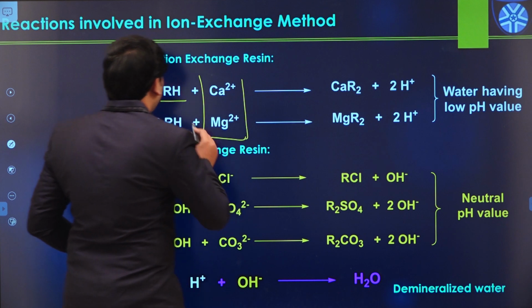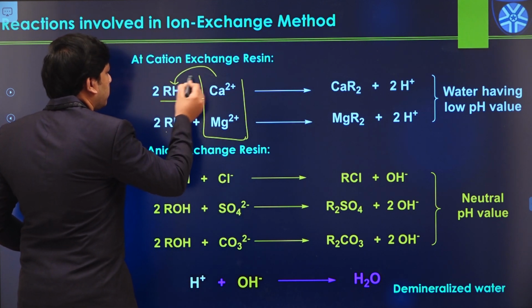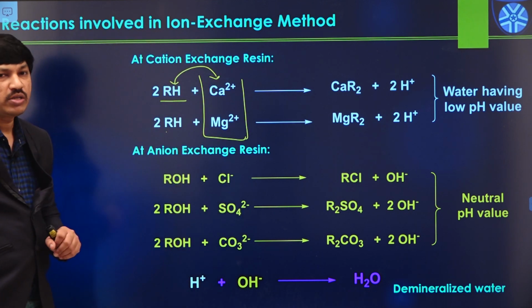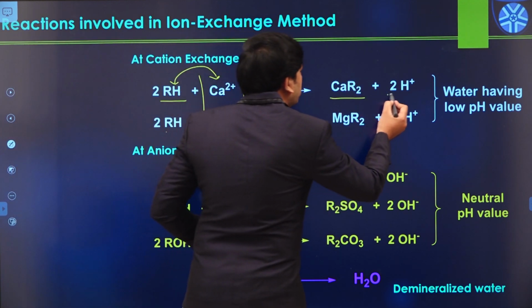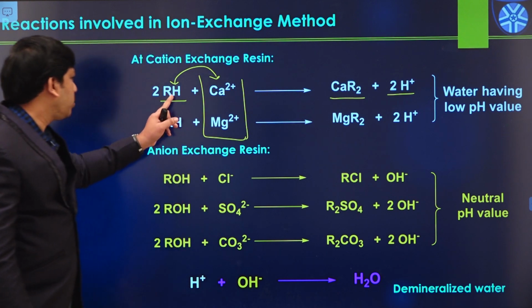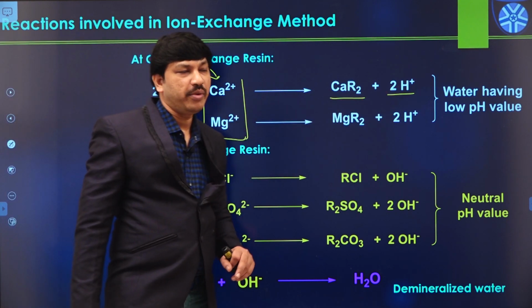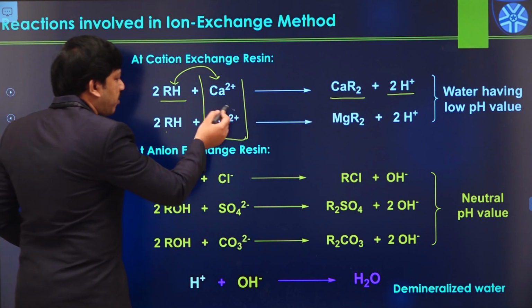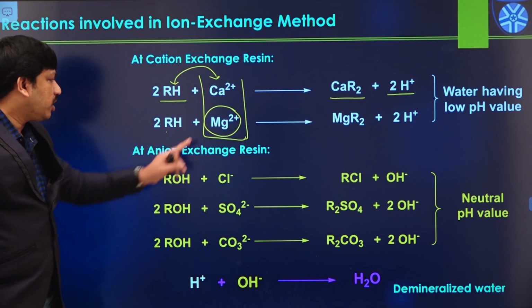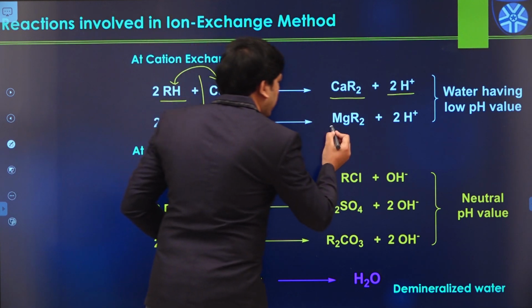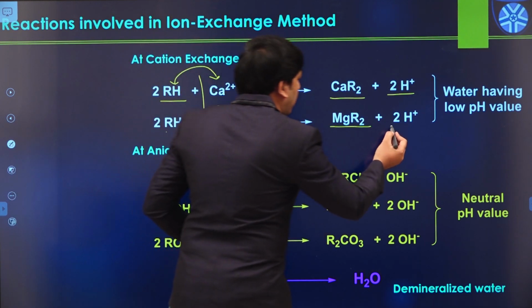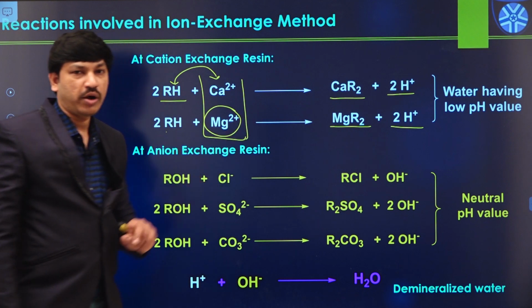Immediately there is an exchange of protons, a formation of calcium resin, and a release of two protons in this manner. So the two H+ are released into the water medium. Similarly, if the water sample contains magnesium salts, they also undergo the exchange process. There is a formation of the corresponding magnesium resin, and two protons are released into the water sample.